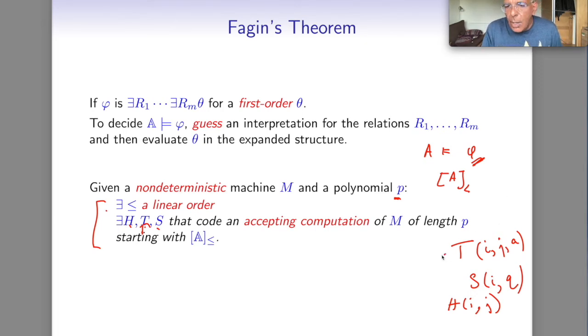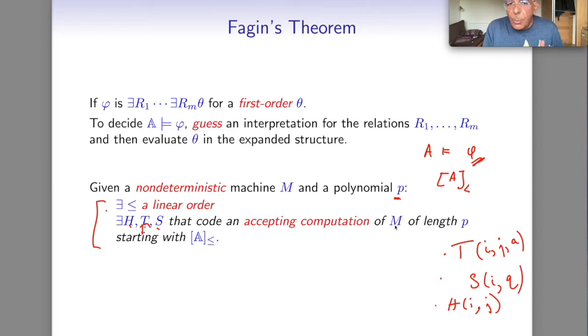So it remains to say that these consistently do describe an accepting computation of M, but that can be done by a simple first order formula, because you are really describing that at each step, this is consistent with the possible transitions of M.